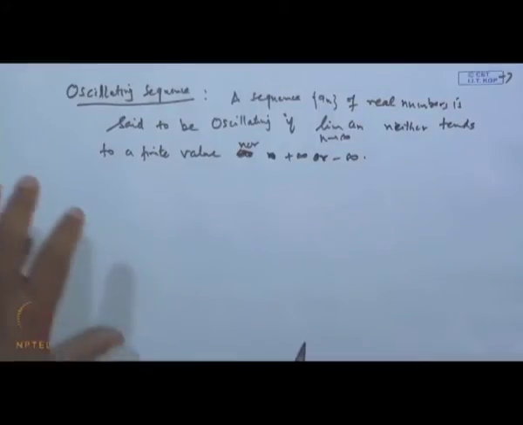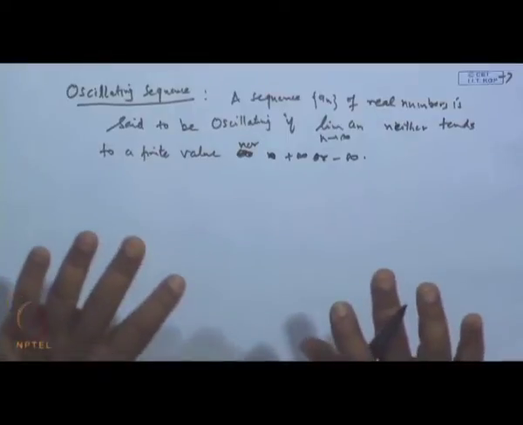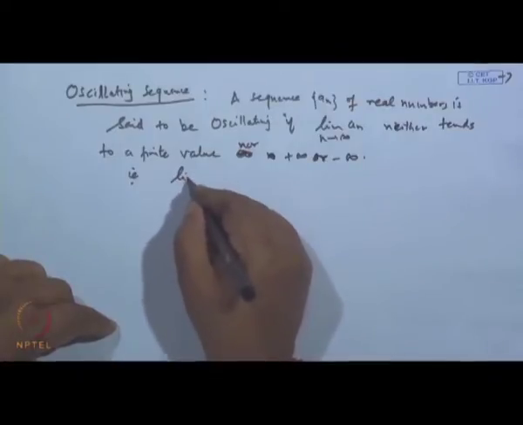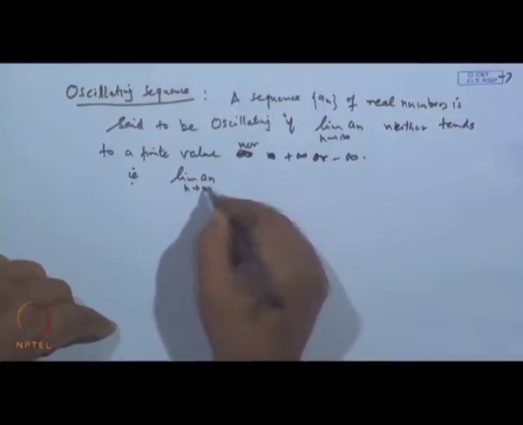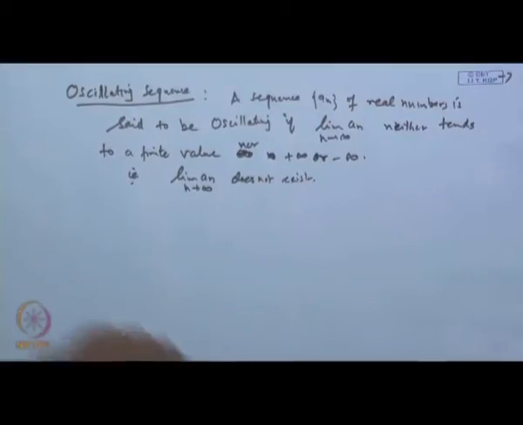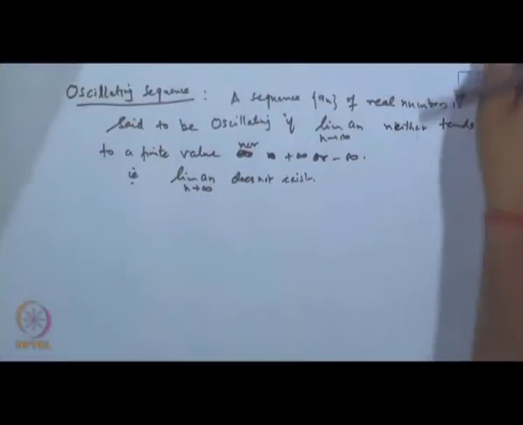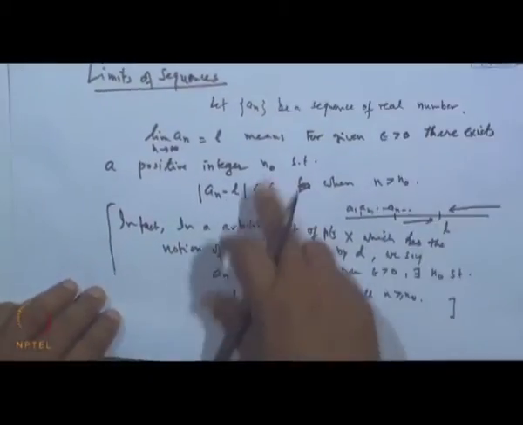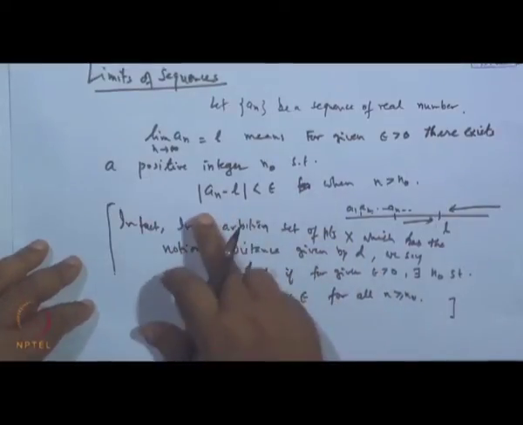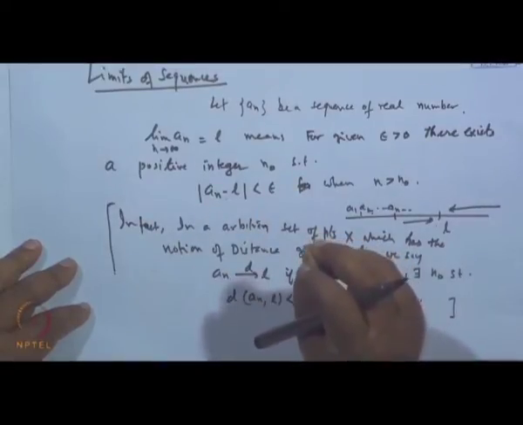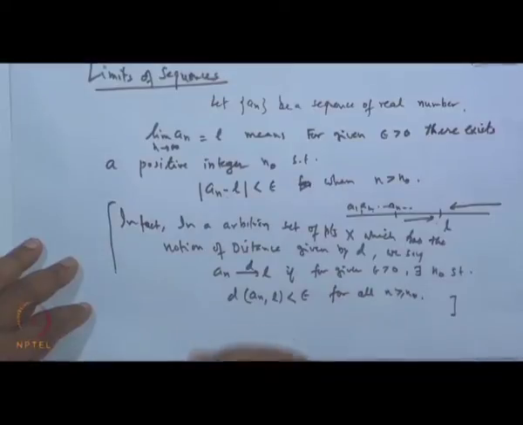The meaning is that a_n is such that the limit does not exist. Because when we say the limit exists, it means whatever the path you choose, by the definition of the limit, the difference between a_n and L can be made as small as we please.